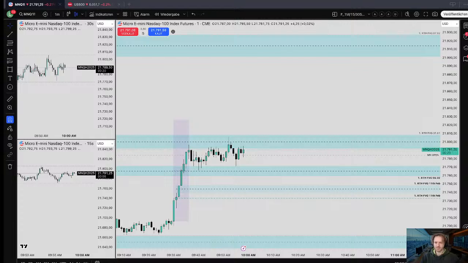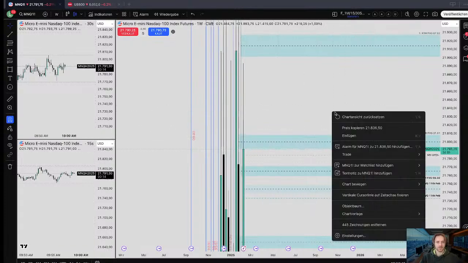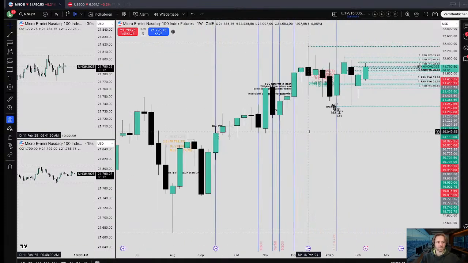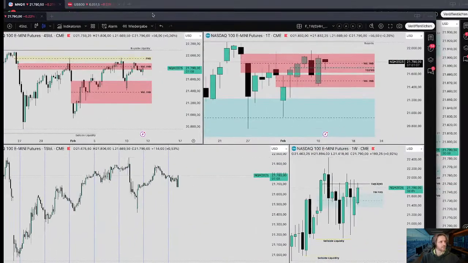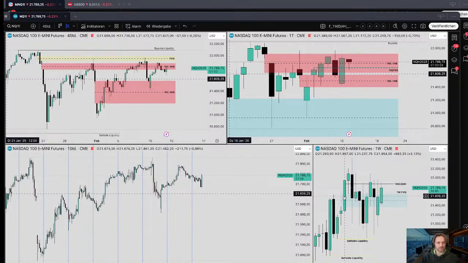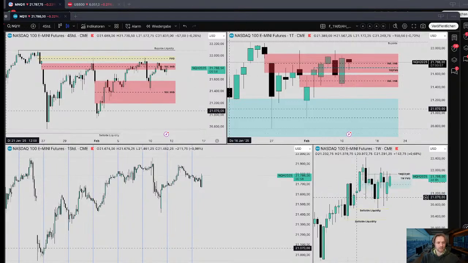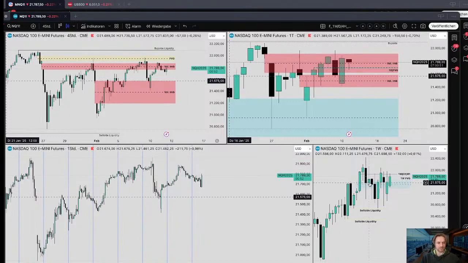Prices we had before, let's take a look on the weekly. There we go. Well, this is not so nice. Let's go up here. Yeah, there we go. Since the beginning of December, we're just inside this range.